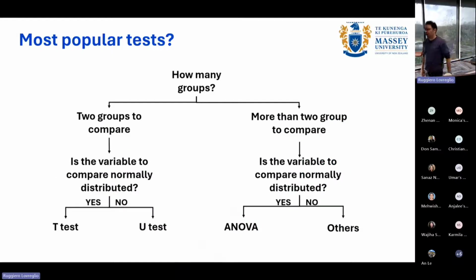This is a simple flow chart that I suggest master students go through. It tells you which statistical test you need to use to compare results from one group against another. It really depends on the number of groups, which can be 2 or more than 2, and the selection of the tool really depends on the normality of the sample that you have.